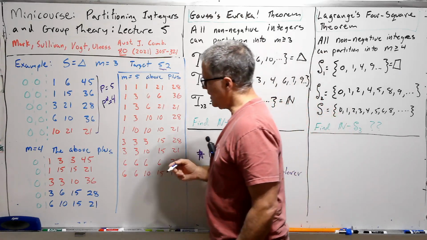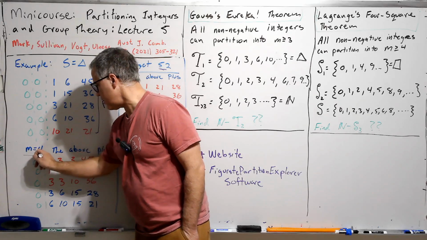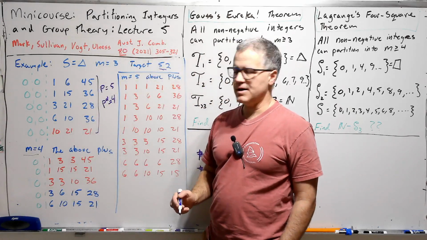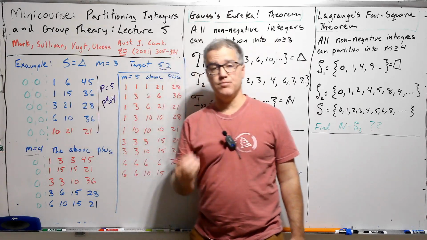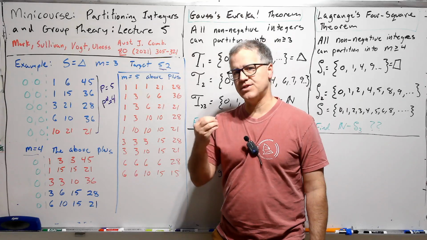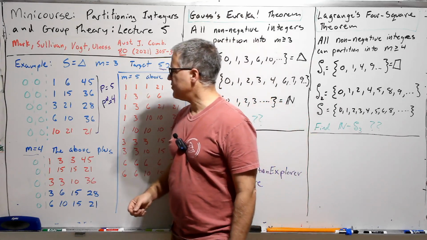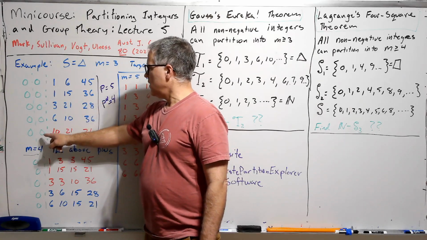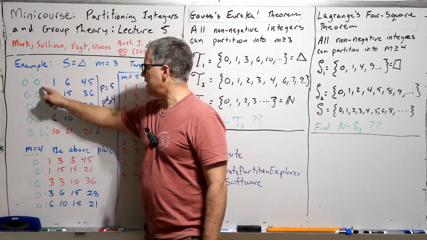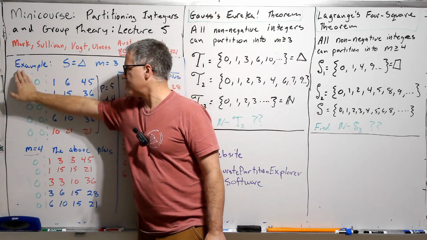Okay, well, now let's go to m equals 4. And for m equals 4, of course, 0 is in the set, and that's important. It's easy to forget about 0, but 0 is in the set, the first member of the set, so just ignore this last 0.